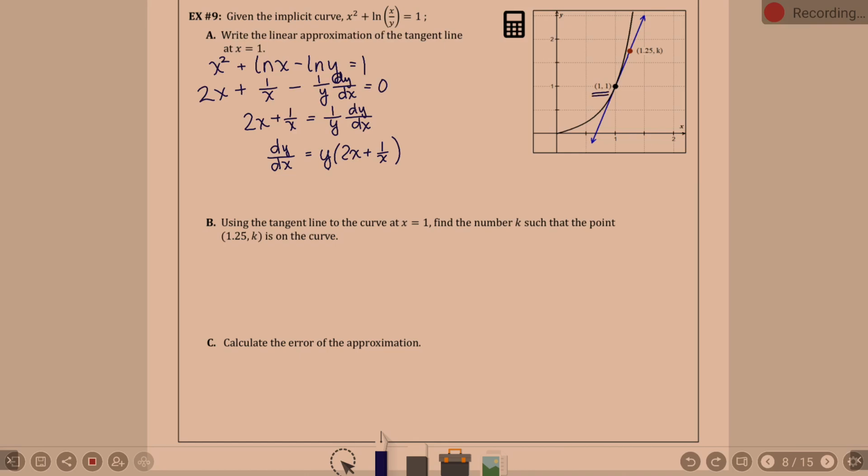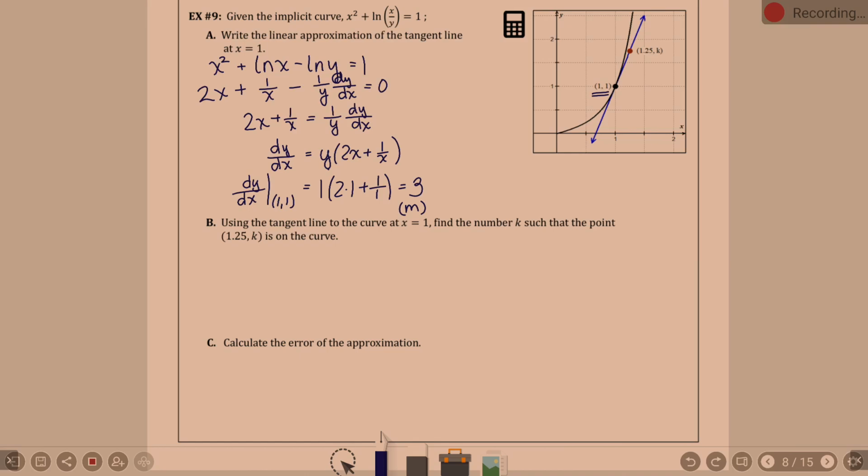She gave it to us in the graph, yes? What a nice lady. I almost missed it, I'll be honest. Okay, so we're going to do dy dx evaluated at the ordered pair 1, 1. So 1 times 2 times 1 plus 1 over 1. So if your math matches mine, we have a slope of 3.